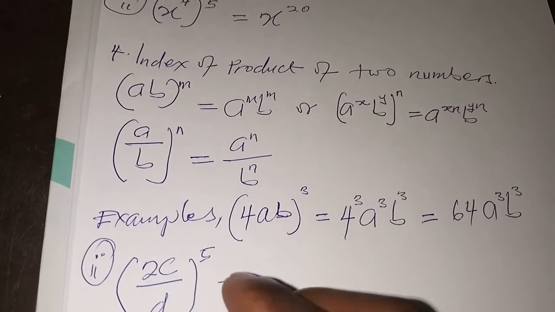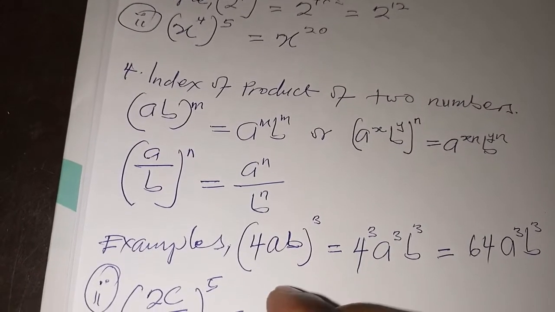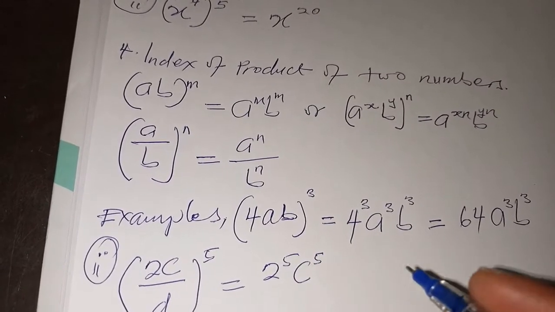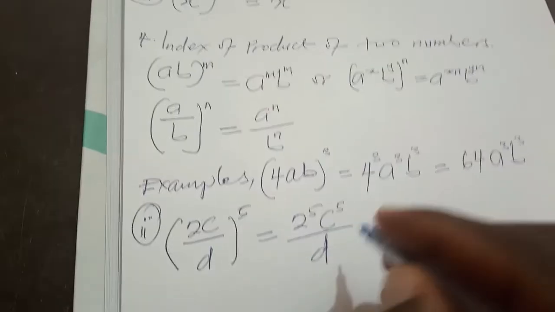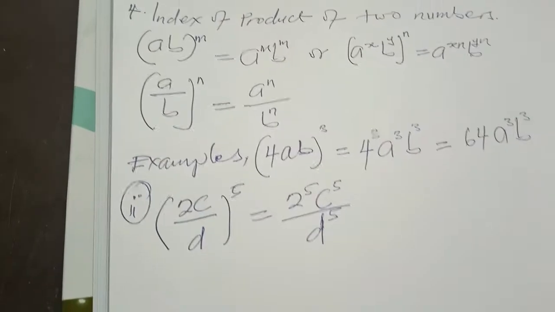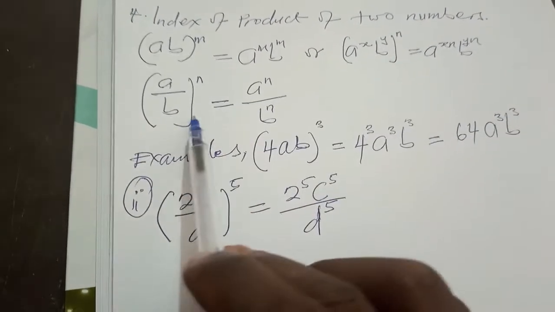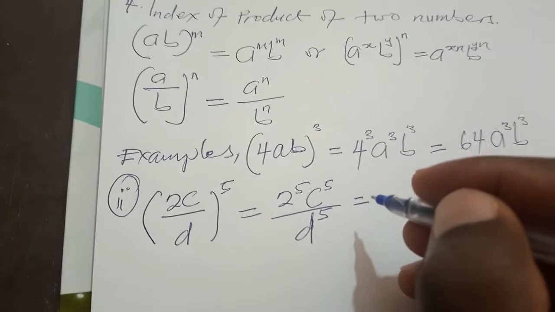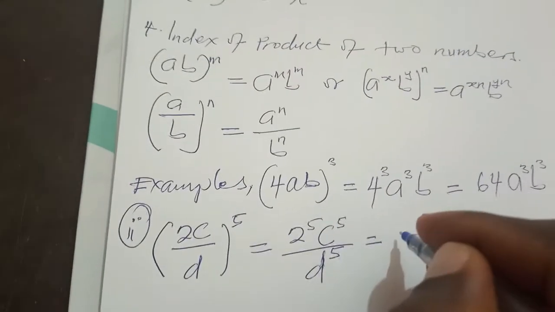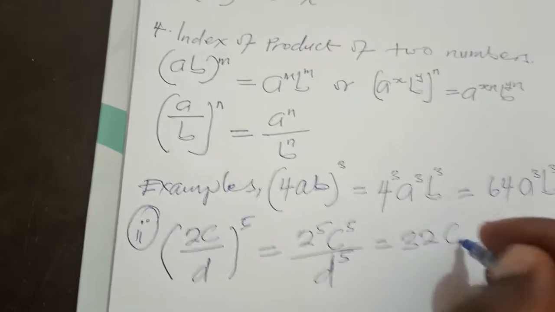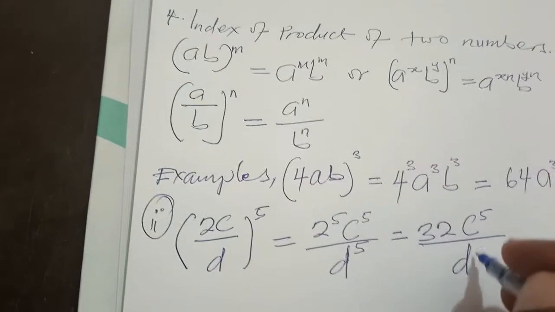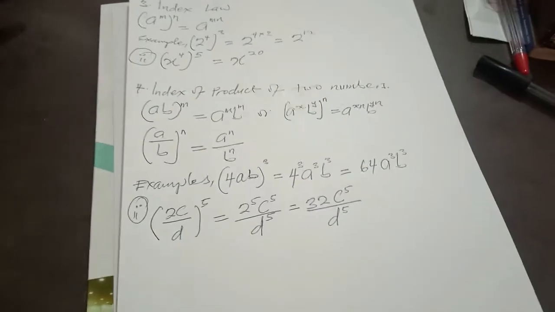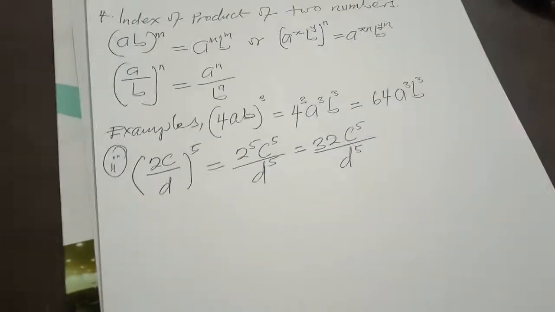And I think you agree with me so far that this will mean 2 exponent 5 times c exponent 5, all over d exponent 5, because of the way the law was explained. Good. But 2 exponent 5 is a number, so that is going to give us 32. Then c exponent 5 over d exponent 5. So that is where the fourth law will end.